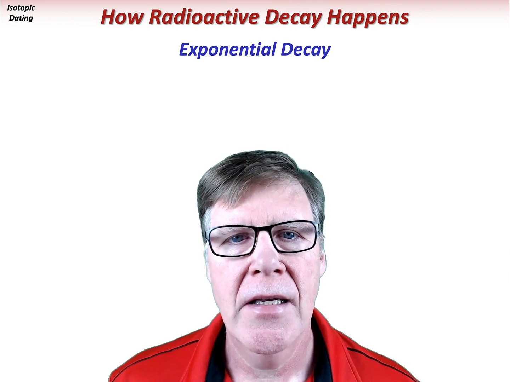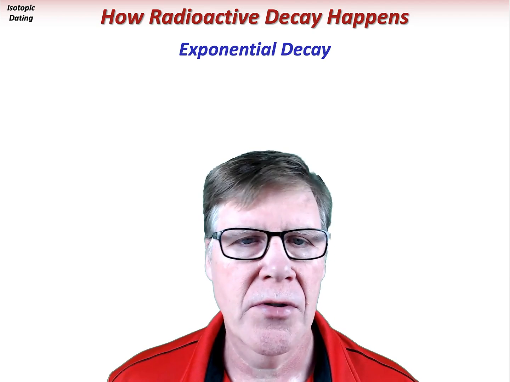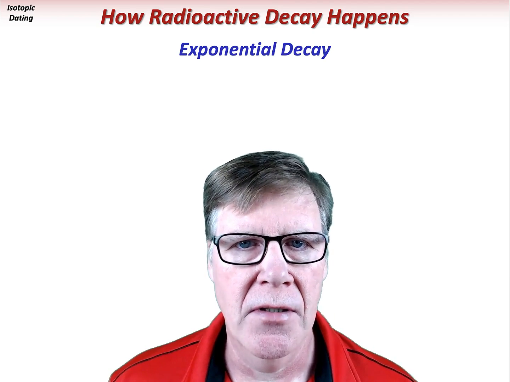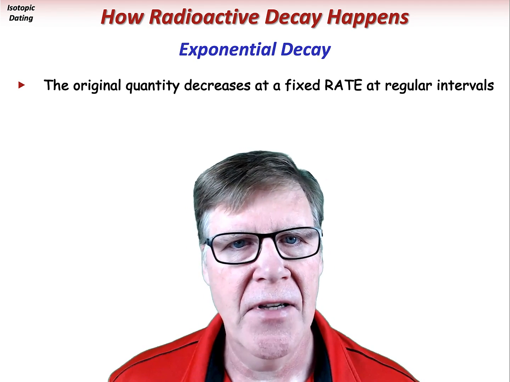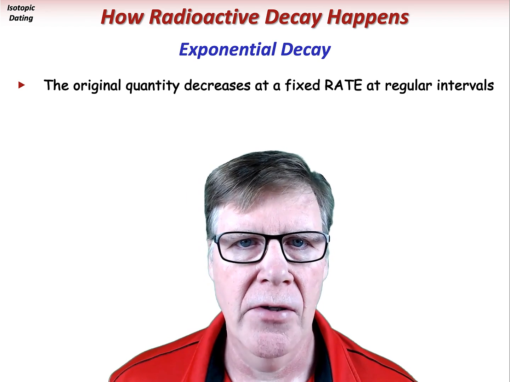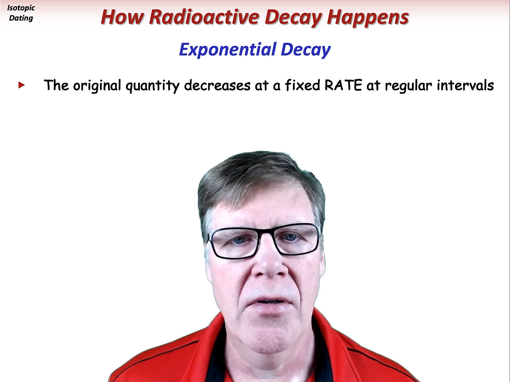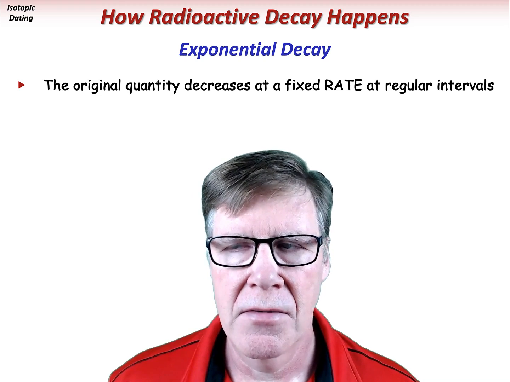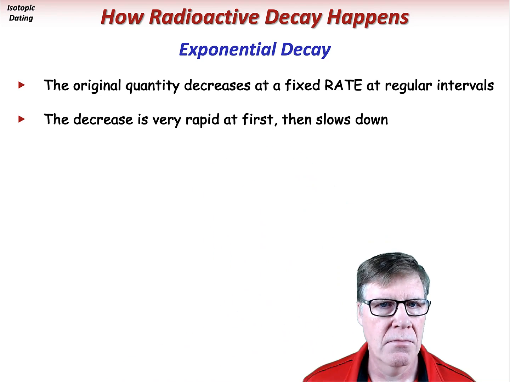Exponential decay is another type of change where the amount of decrease is proportional to the size of the population. Here, the original quantity decreases at a fixed rate at regular intervals. Unlike linear decay, the amount of decay is not fixed, but is very rapid at first and then slows down.